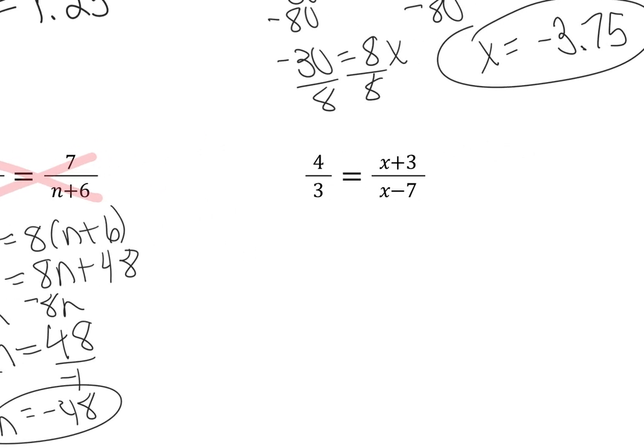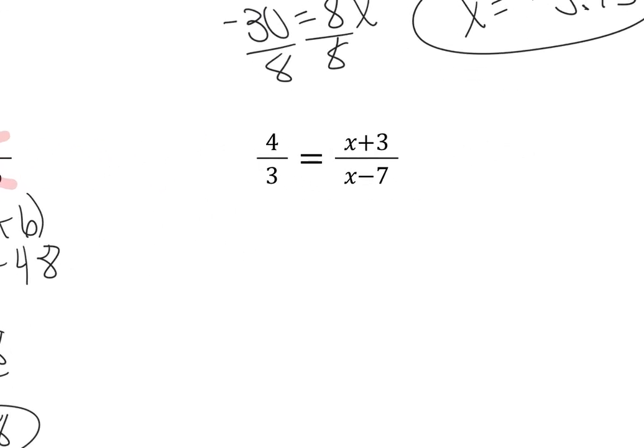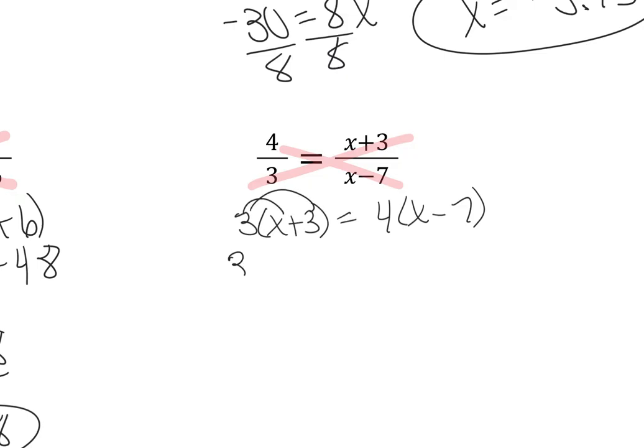Okay, last one. Cross product, 3 times x plus 3, and 4 times x minus 7. This time we have the distributive property on both sides of the equation. So I need to go ahead and distribute and get 3x plus 9 and 4x minus 28.